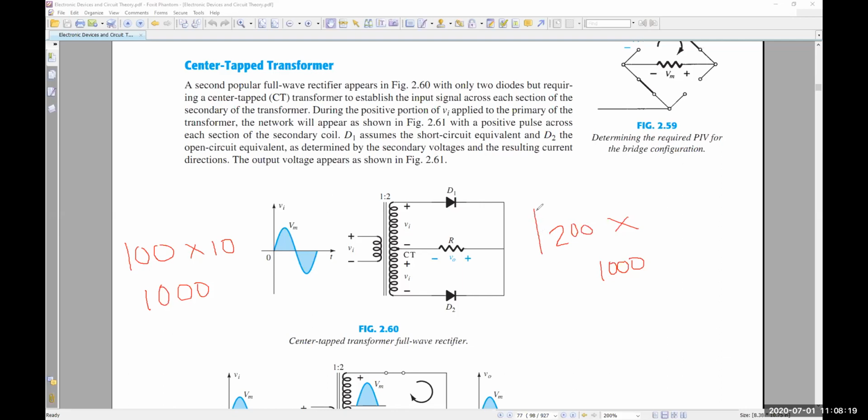That means if I increase the voltage, what do I have to do? Decrease the current, right? So I have to make it 5. So 200 into 5 again is 1000. So your power remains the same, but the voltage changes, and so does the current, right? So that is the principle of a transformer.